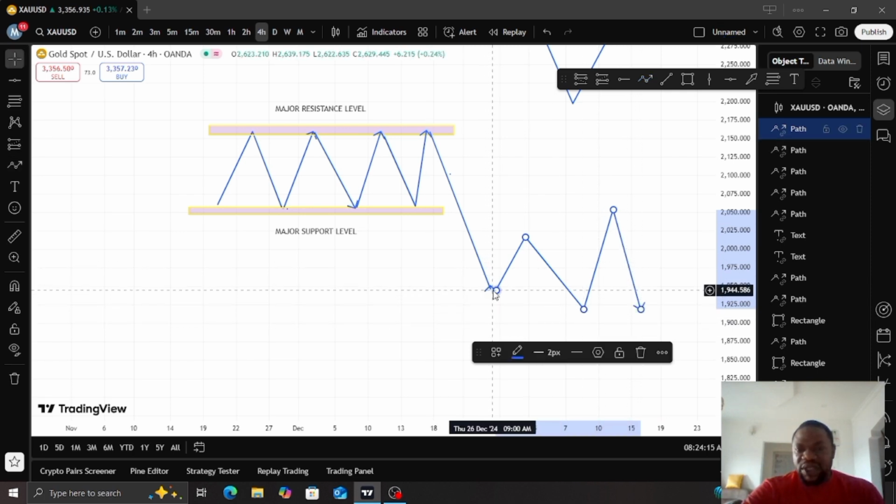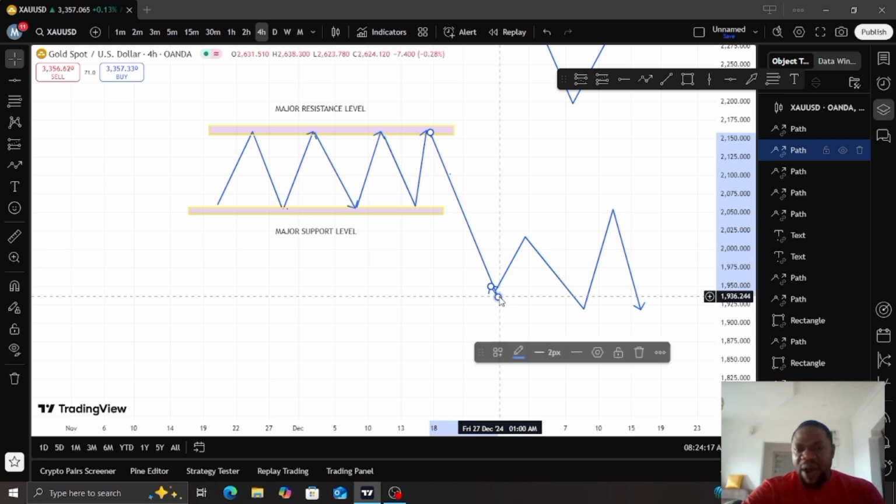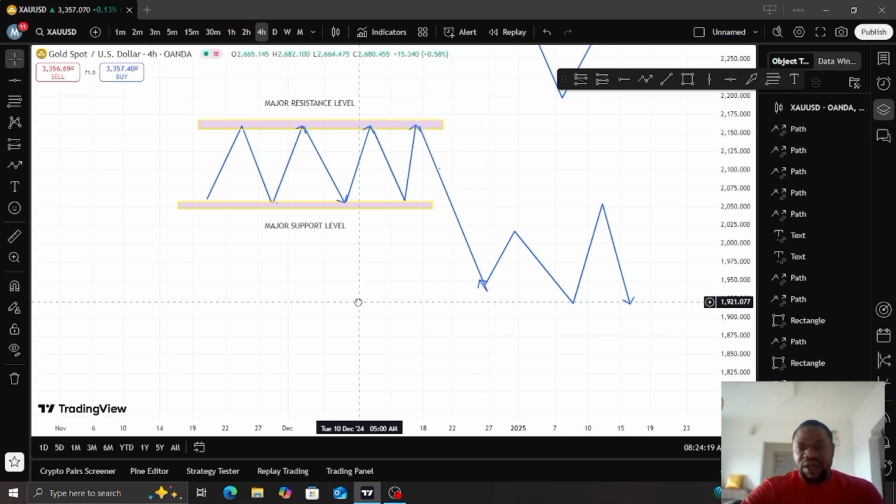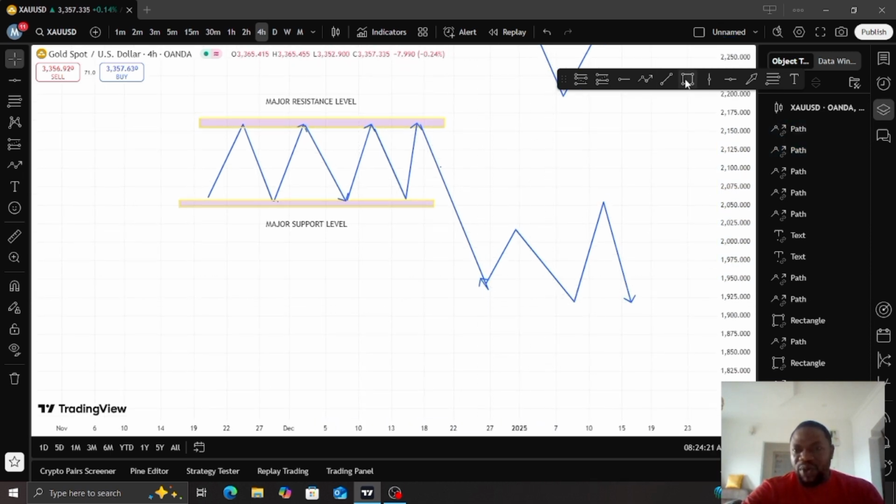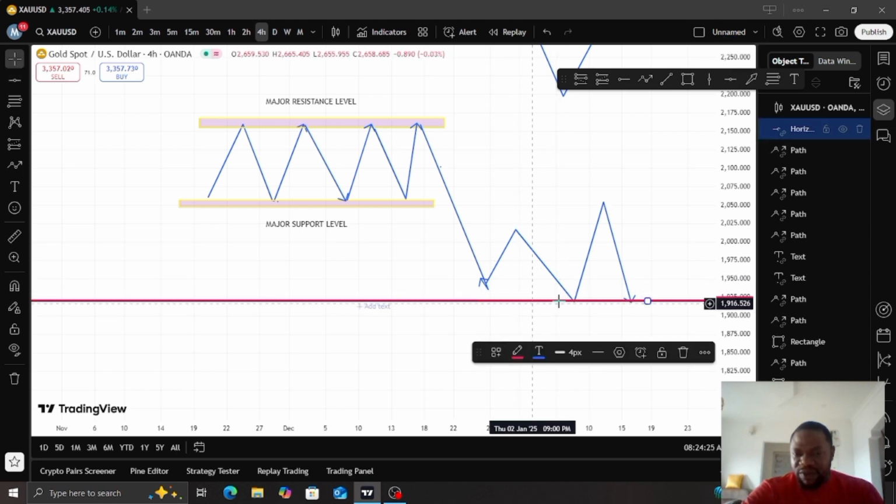This area becomes our new support level, while this place becomes our resistance level.